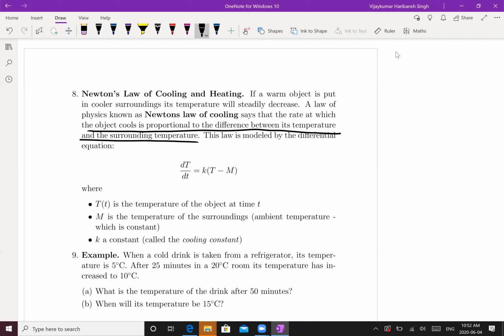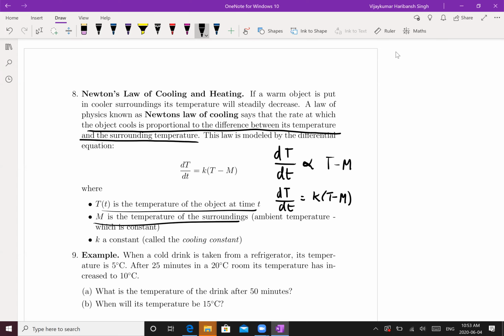And so if you want to write this as a differential equation, if T of t is the temperature of the object at time t, the rate at which it is cooling down or heating up is proportional, so remember, this is a proportionality sign, to the difference of the temperature T and the surroundings. So M is the temperature of the surroundings. Therefore, dT by dt is going to be k times T minus M, where k is some constant. This constant is called the cooling constant.